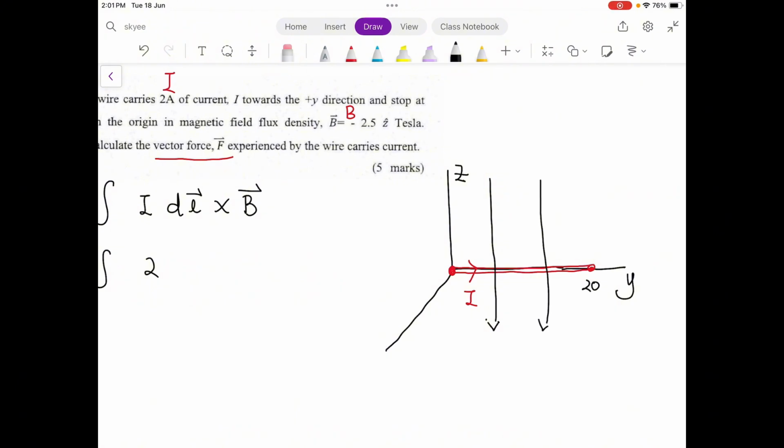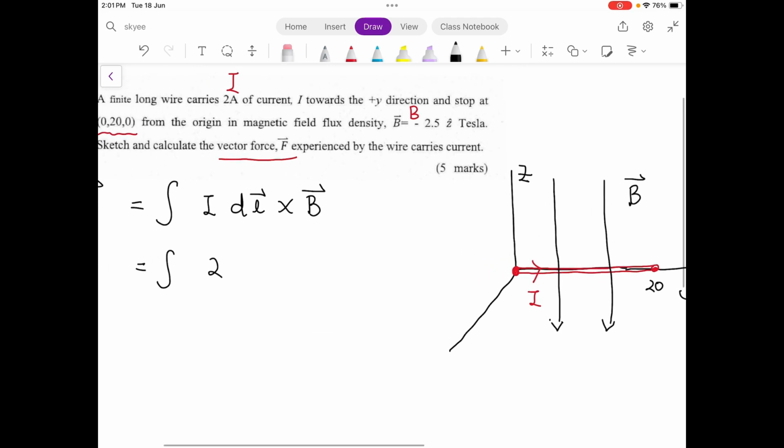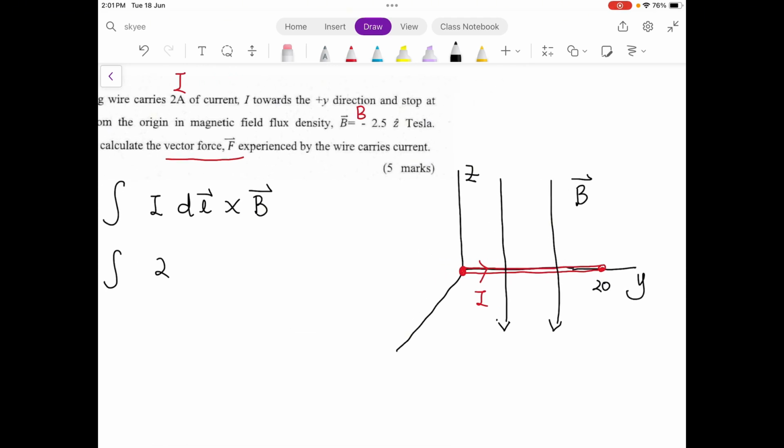The length of the current filament is dy, in the y direction. And for the B, it is negative 2.5 in the z direction.